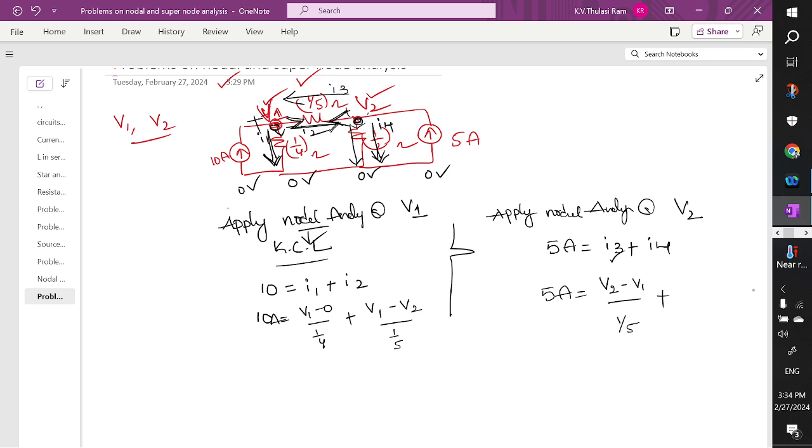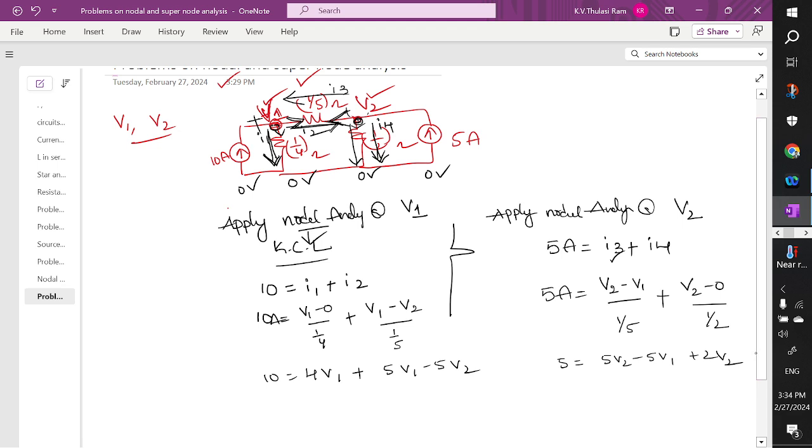High potential minus low potential, V2 minus 0 divided by 1/2. So when you solve this equation, 10 is equal to 4V1 plus 5V1 minus 5V2. And 5 is equal to 5V2 minus 5V1 plus 2V2.